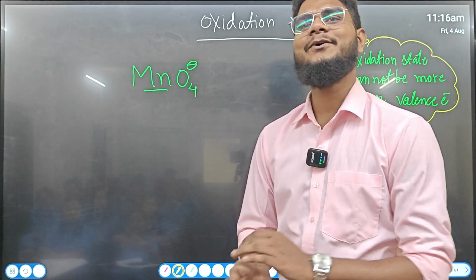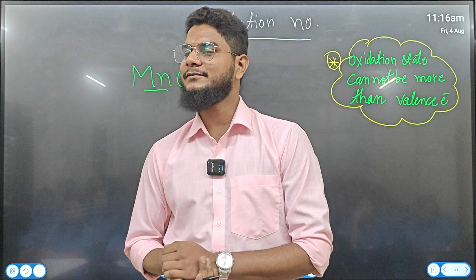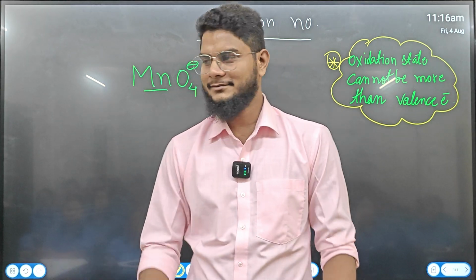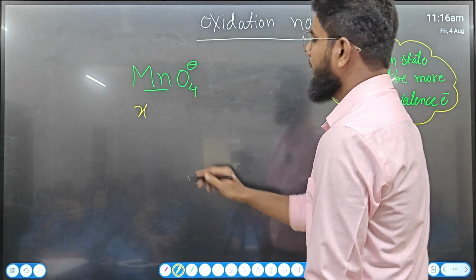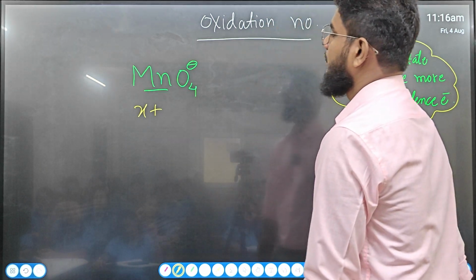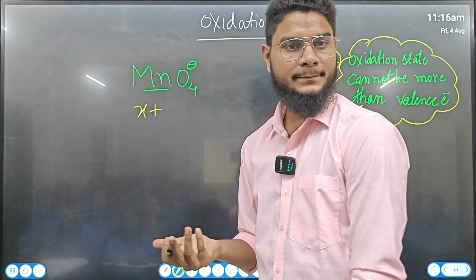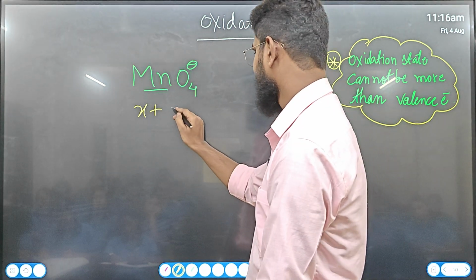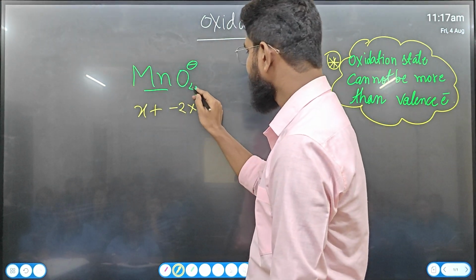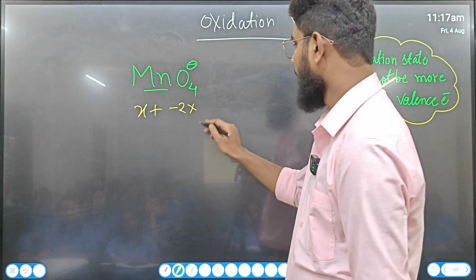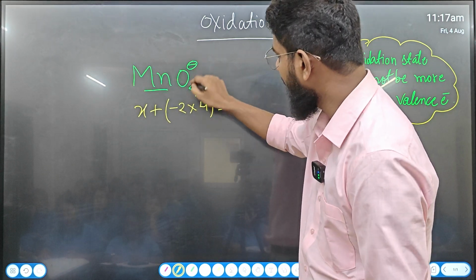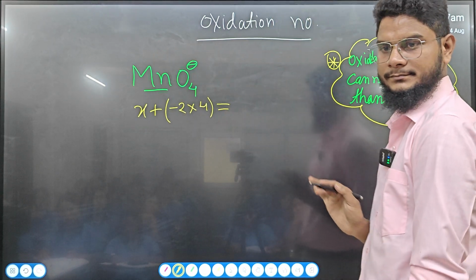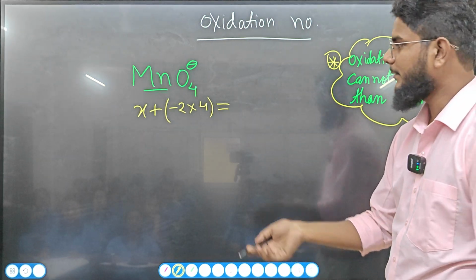In maths, whatever you have to find, you consider X. X plus, what is the charge of oxygen? -2. Very good. How many oxygens are there? 4. Is there any charge on the overall molecule? What is the charge? -1.